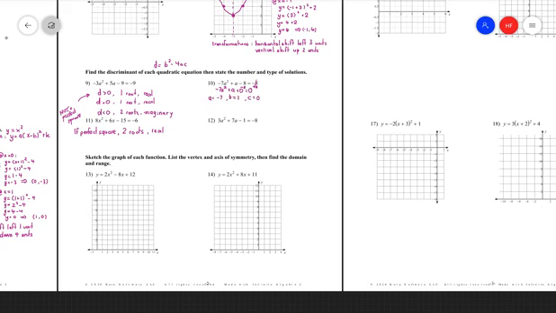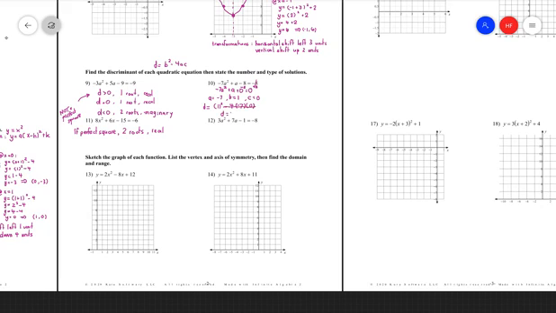I'm going to plug those numbers into my formula for the discriminant and then see what type of solutions and the number of solutions that I have. So my discriminant D equals b squared, 1 squared, minus 4 times a times c. I see something times 0, so that knocks out.